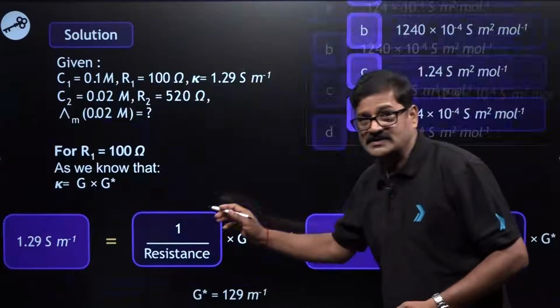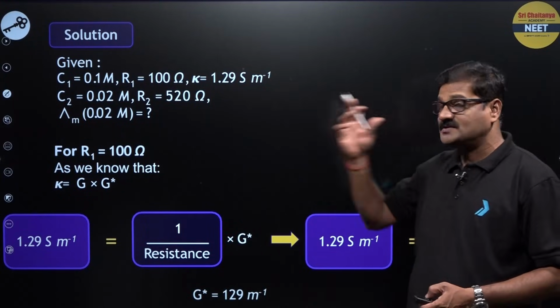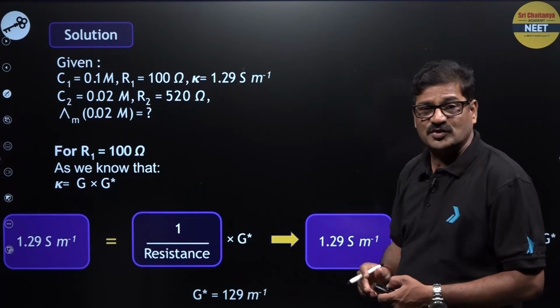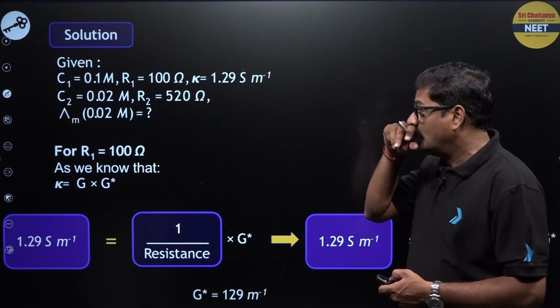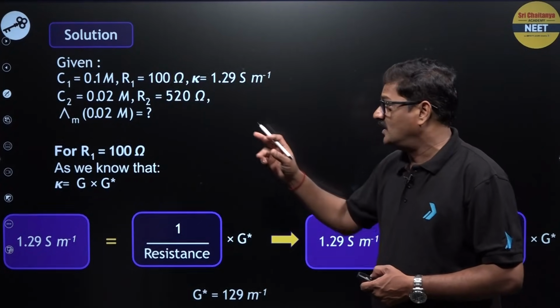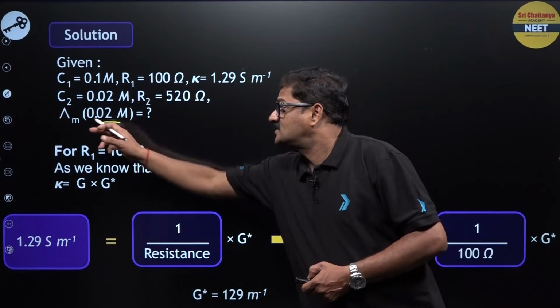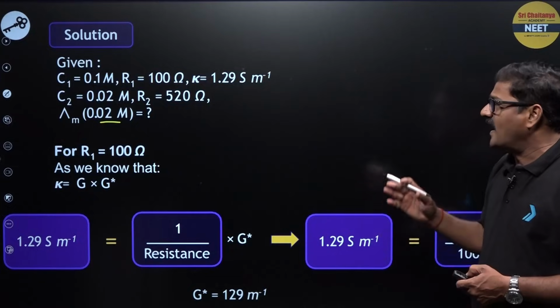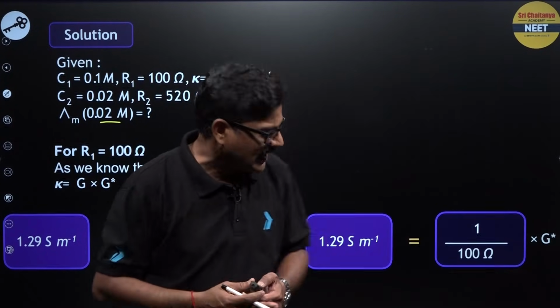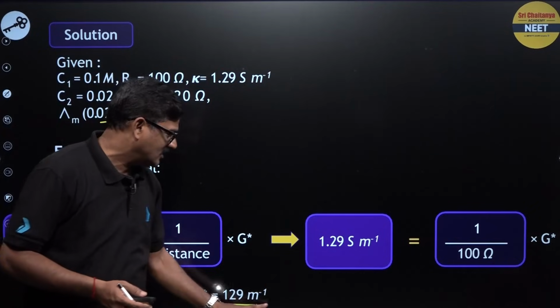So when you try this, look at this: given C1 is 0.1, R1 is 100 ohms, and K is equal to 1.29, and C2 is 0.02, R2 is 520, and we need the molar conductance of the 0.02 molar solution. If you do so, exactly, you are going to get the cell constant as 129 meter inverse.